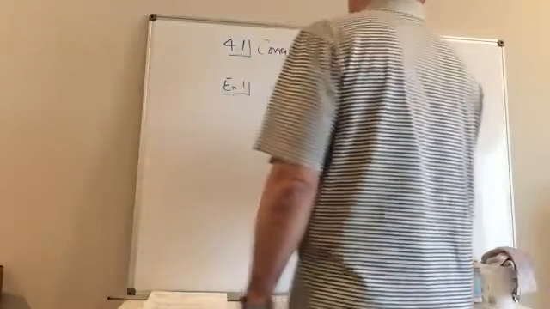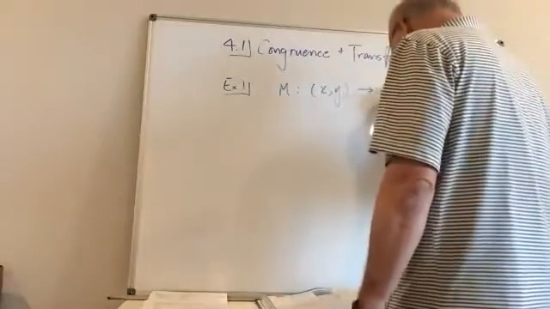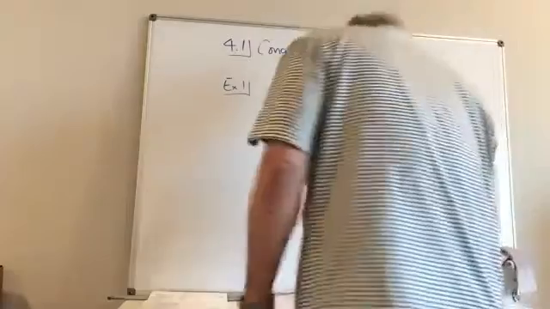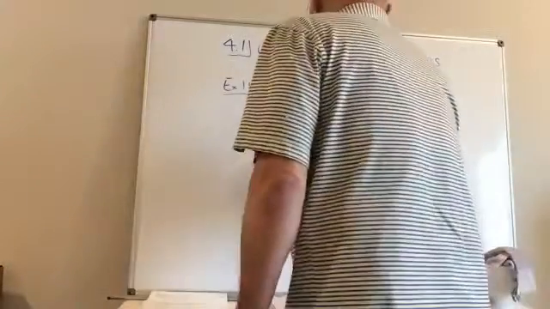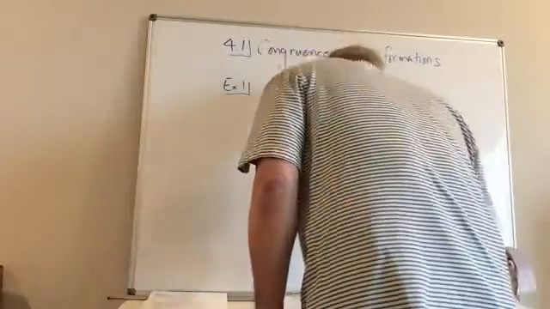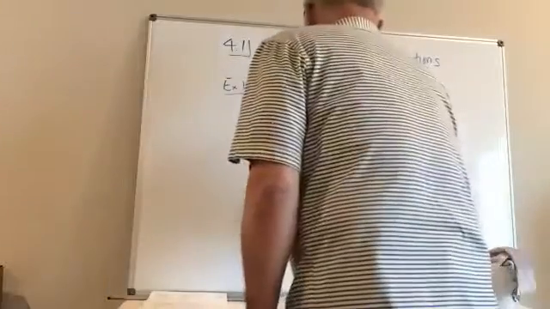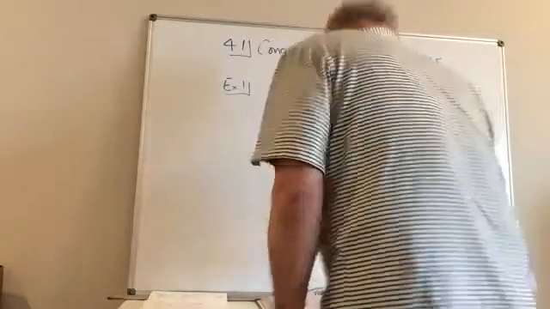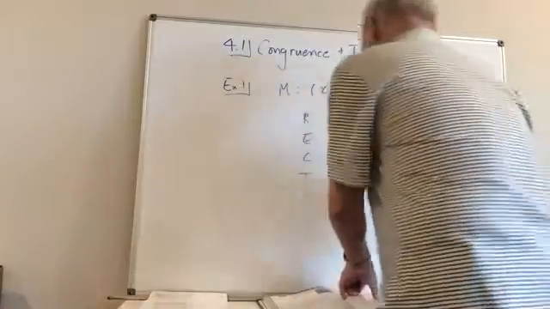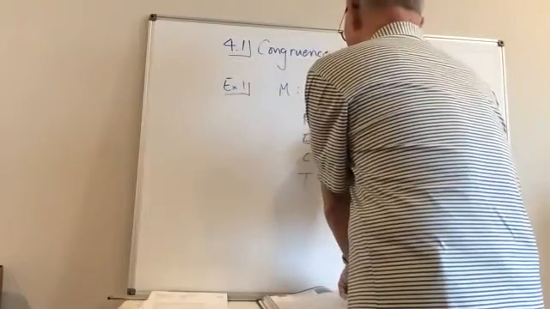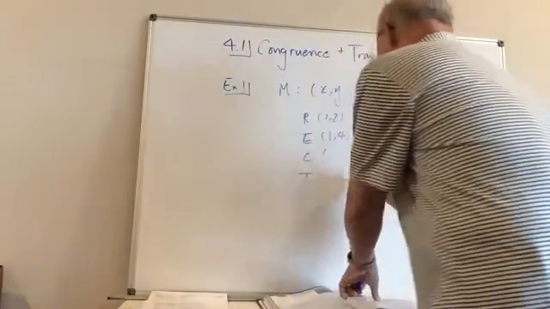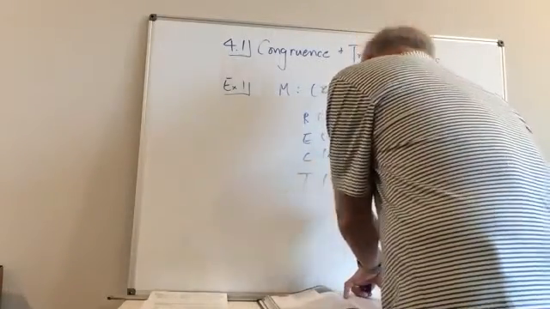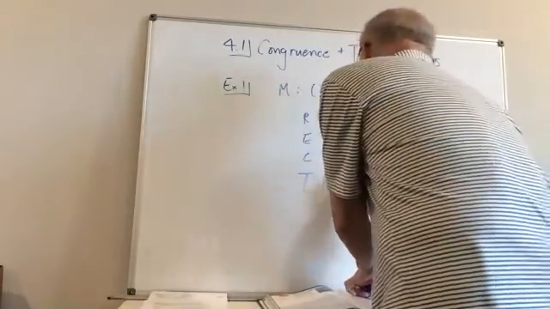X, Y, and I'm going to transfer to minus Y and X. I'm going to start with 4 points: R, E, C, T. R is 1, 2, E is 1, 4, C is 5, 4, then I have T, 5, 2.